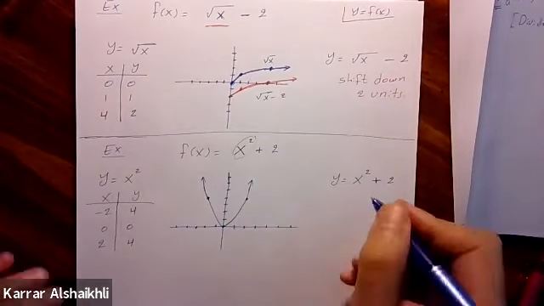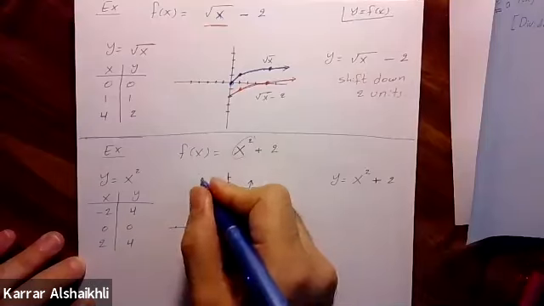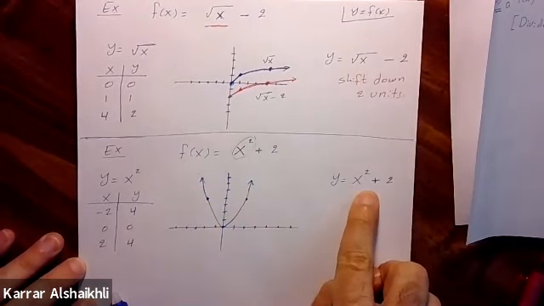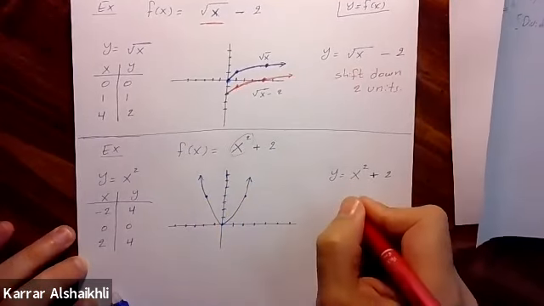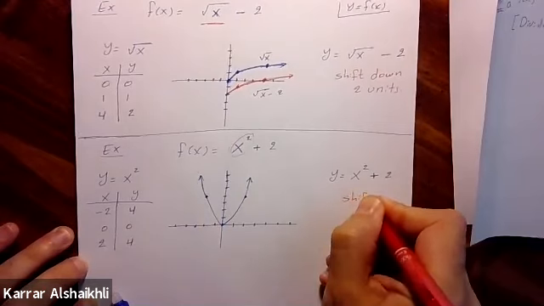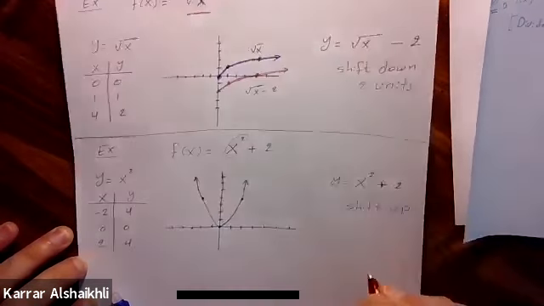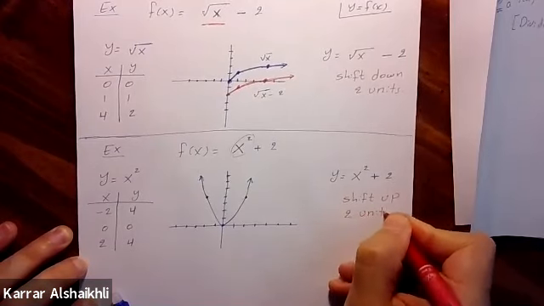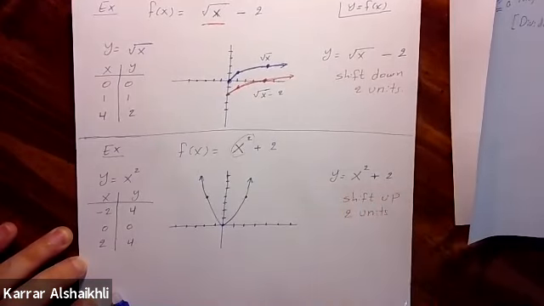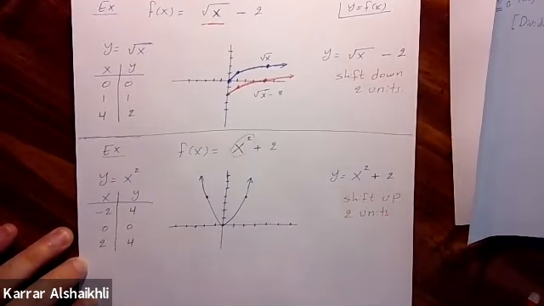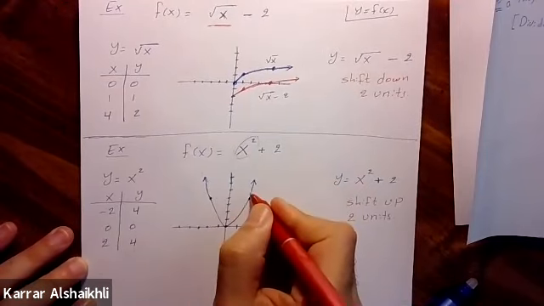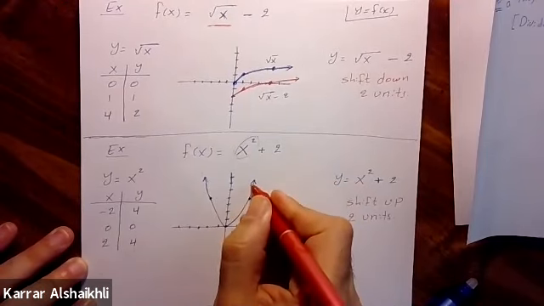Now, to graph the new function, what are we going to do here? For the parent function, we have 3 points. We're going to shift these 3 points up, how many units? 2 units, to get the graph for this one. So I'm going to shift this one 2 units, here. 1, 2 is going to be here.